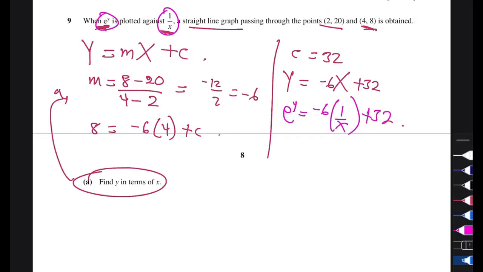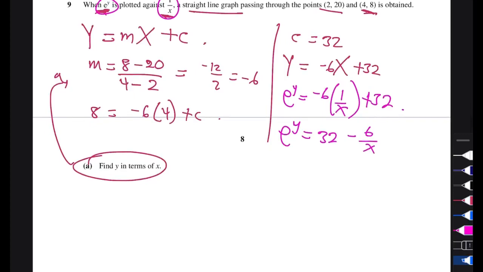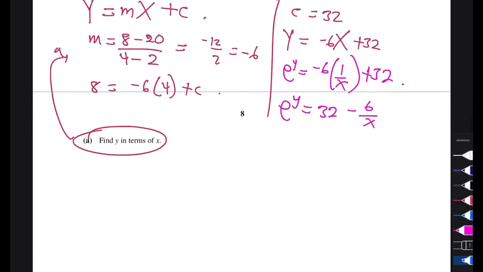They want you to make y the subject, so what you have to do is to basically take the ln of both sides. But before I do that, I want to rewrite this thing. Maybe 32 minus 6 over x looks nice, right? Yeah. So I can take the ln of both sides, so that I have y is equal to ln of 32 minus 6 over x. I think this looks pretty nice.